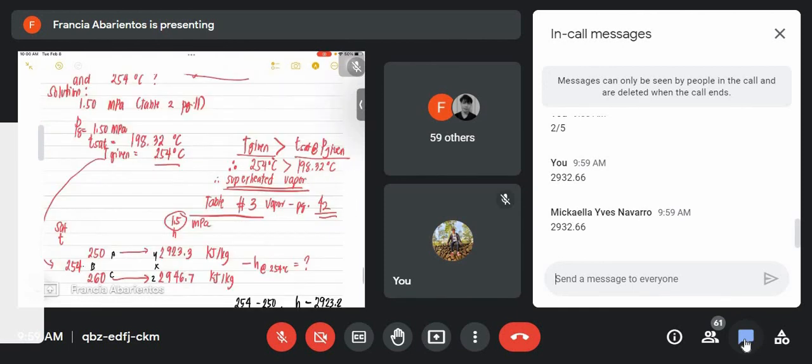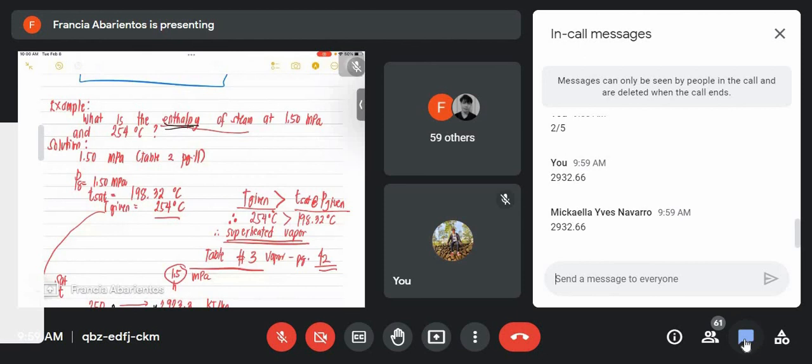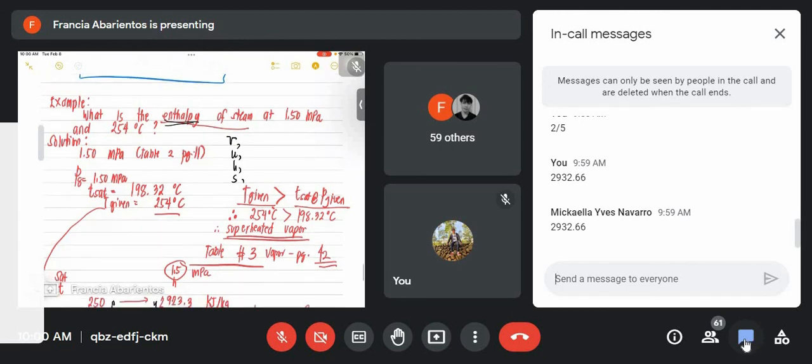That is only the enthalpy. But during the exam, what they ask you to find is the specific volume, the internal energy, the H, the S. This is only one interpolation so far, class.